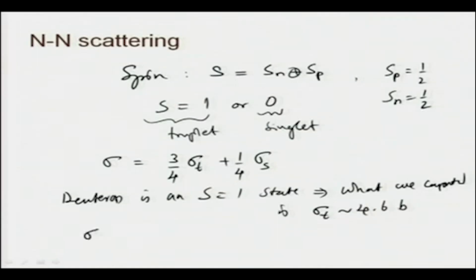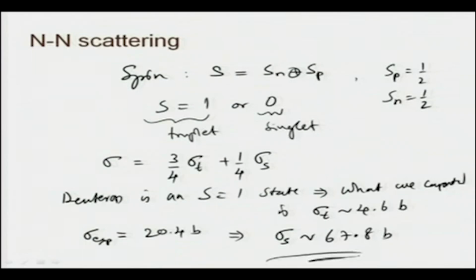Now, we know experimentally sigma is equal to 20, or to be more accurate, 20.4 barn, and these two values put together will also tell us that sigma_s is about 67.8 barn. So, we can somewhat understand why this discrepancy is coming, and there can be other nucleon scattering processes which can actually verify this.